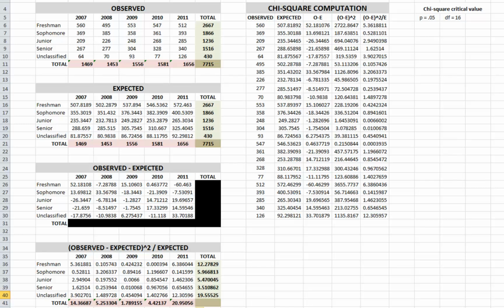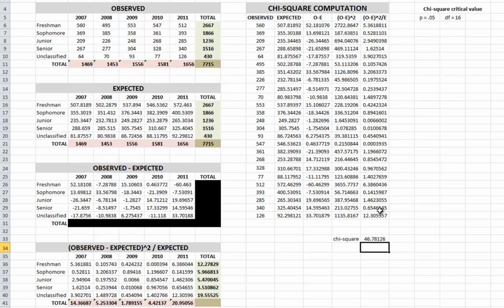Now, the last step on our chi-square computation is to sum the O minus E squared divided by E. So this will actually be our chi-square value. So to figure this out, it's going to be equals sum of everything in this column right here.